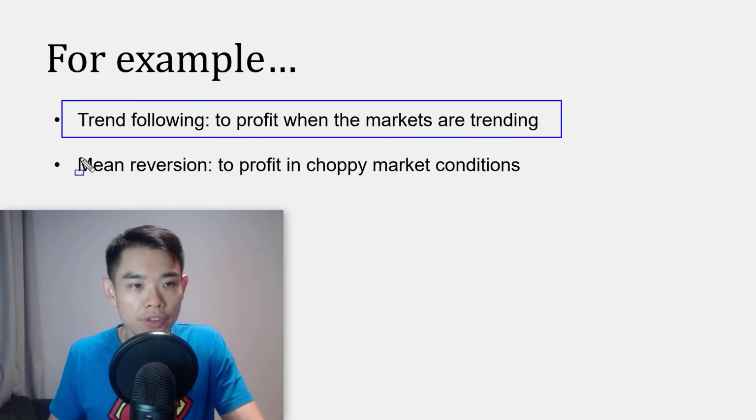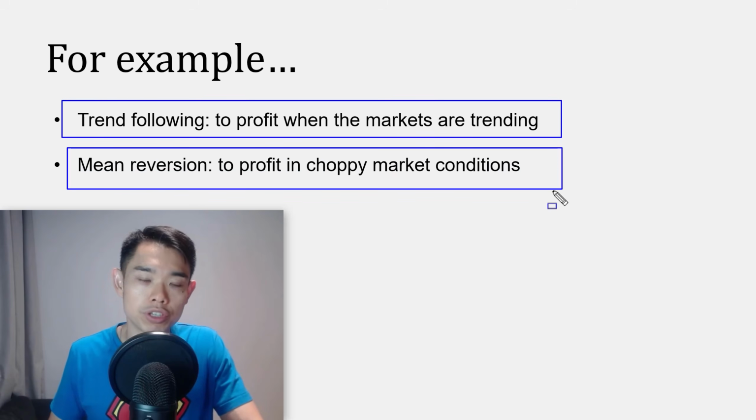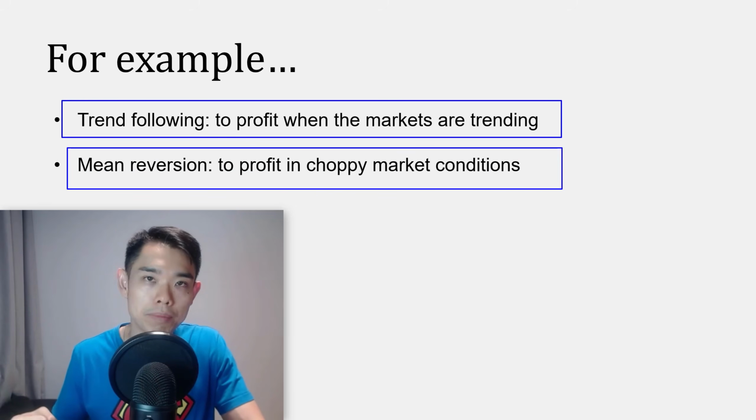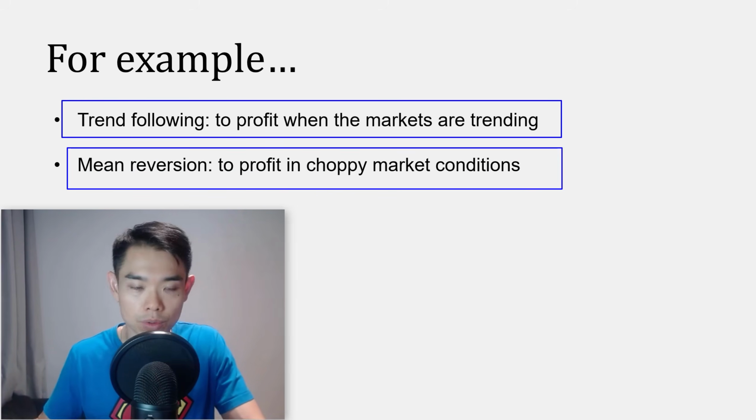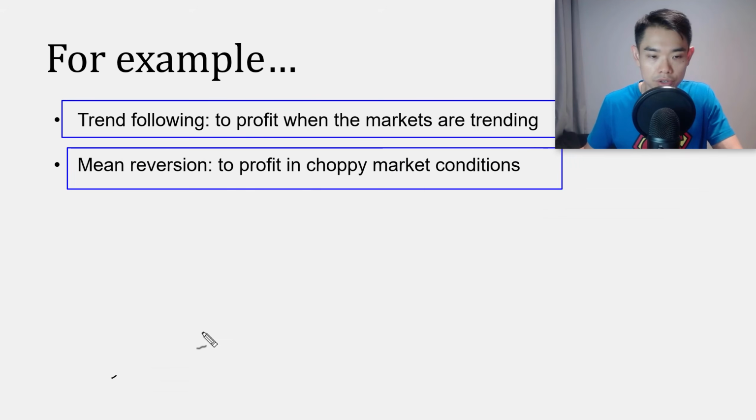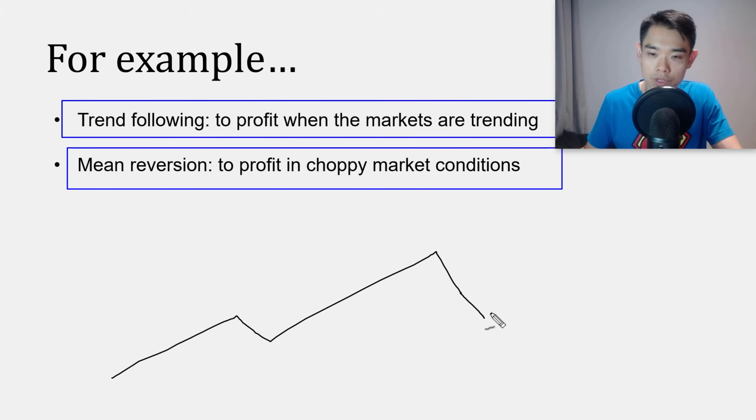On the other hand, you have a mean reversion trading strategy. A mean reversion trading strategy looks to buy when the market is temporarily oversold. Say the stock goes up, comes down, goes up, comes down, and then it's currently oversold after a massive sell-off. What a mean reversion trader will do is buy in anticipation that the stock price will bounce higher, and then sell for a profit.